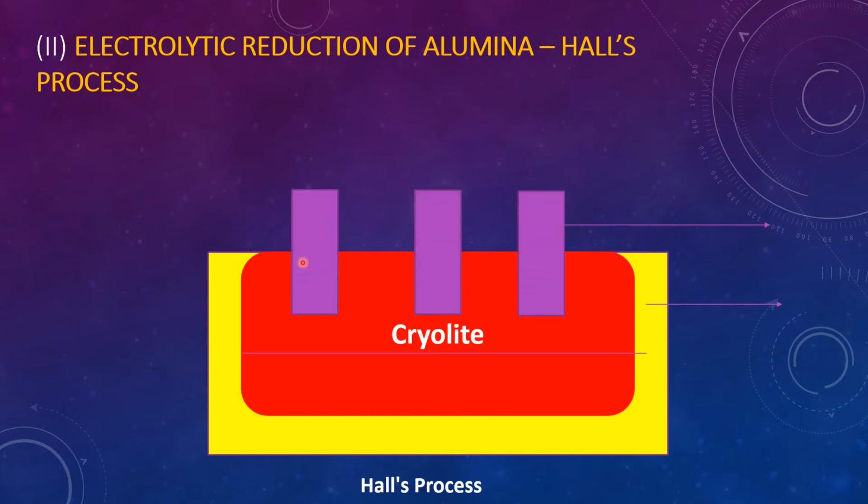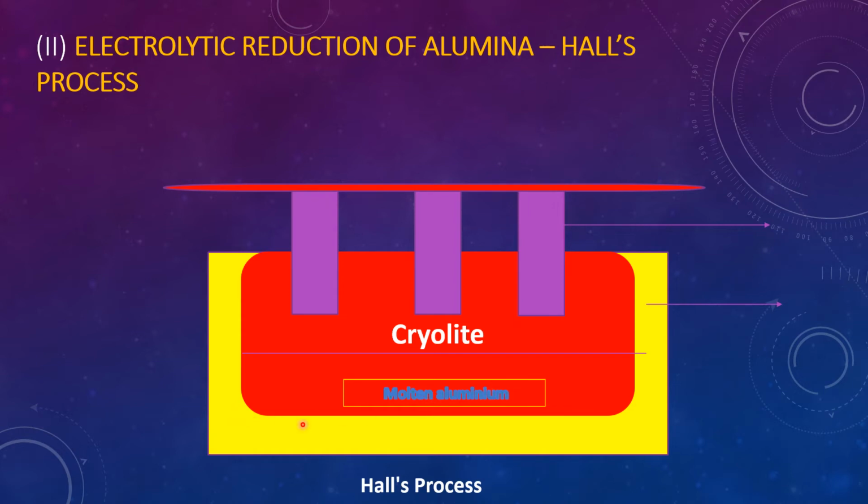Then we insert three electrodes, a bunch of graphite electrodes, connected with a wire called a bus bar. We get molten alumina at the bottom.